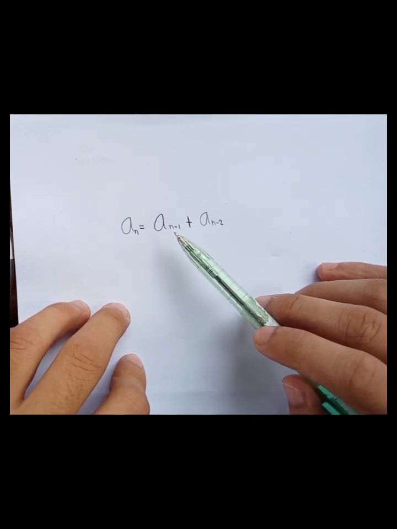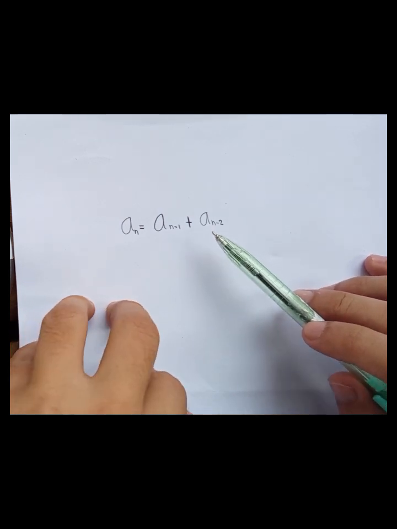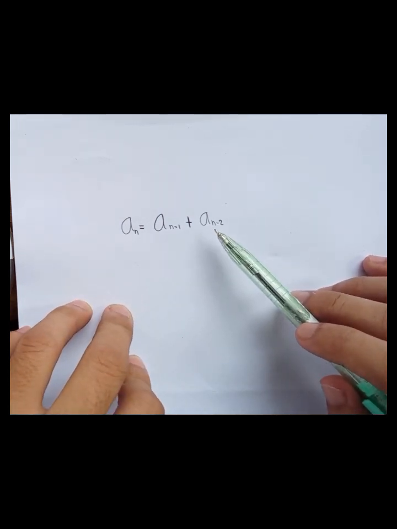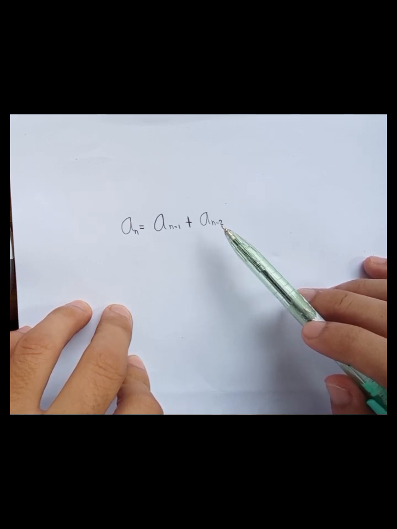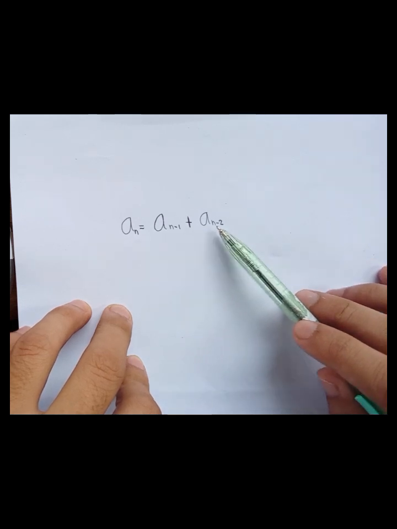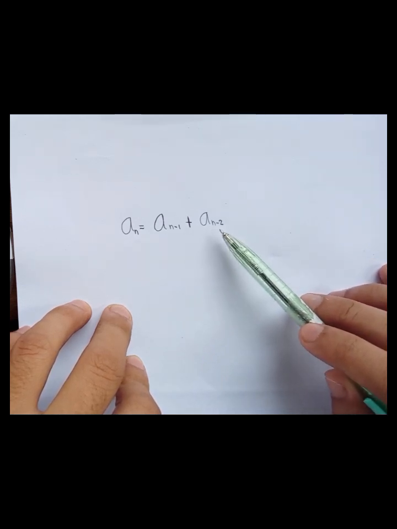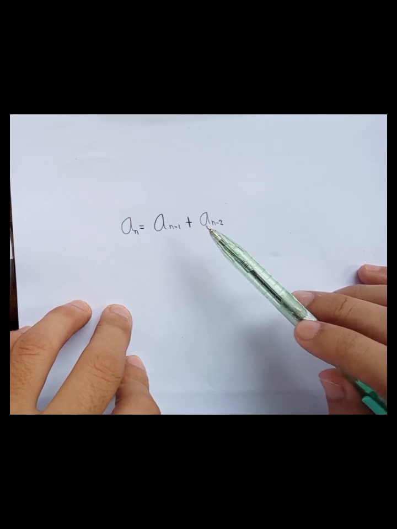before number 5. And then a sub n minus 2 is the number 2 steps before this number. For example, if this is 5, then this should be 3 because 2 numbers before 5 is 3.